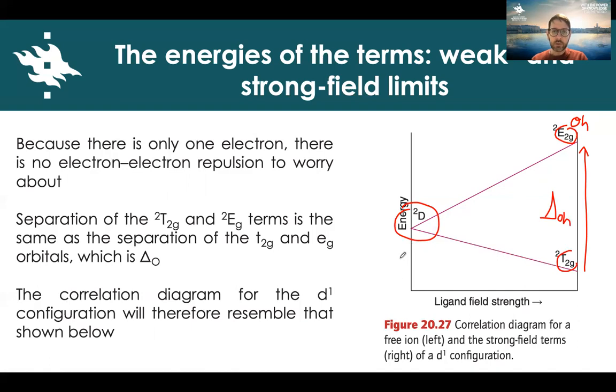So here, no ligand field, just electron repulsion, but in this case, this is not present either because we have only one electron. And then here we have a correlation diagram connecting the two limits. So this correlation diagram is something like this, in which the separation between these terms in the complex increases as the ligand field splitting parameter increases.